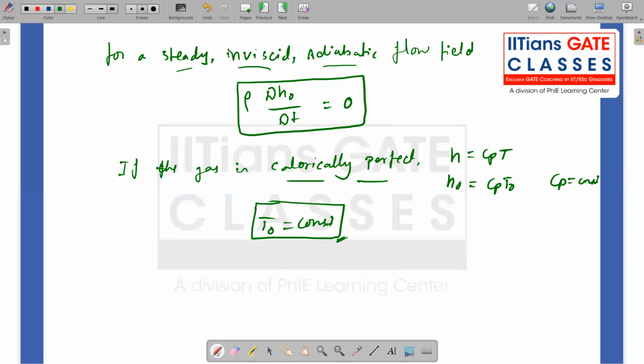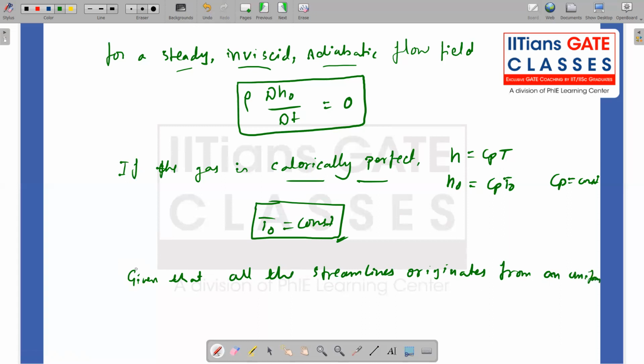My entire flow field can have the same stagnation temperature, given that all the streamlines originate from a uniform flow field.